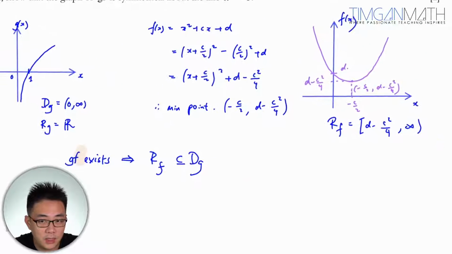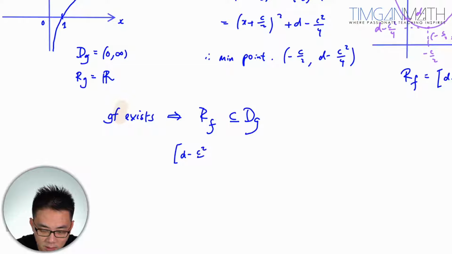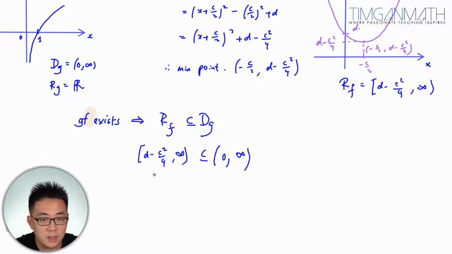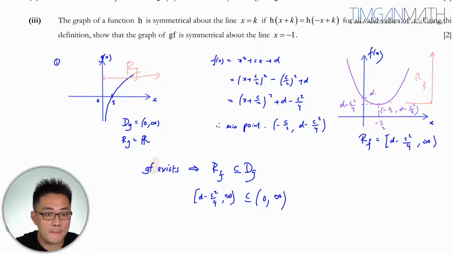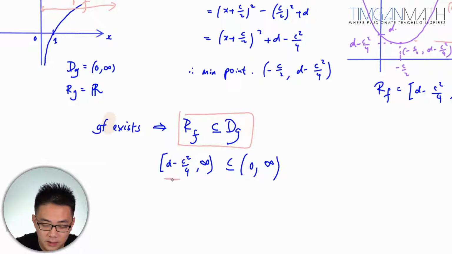So the range of f, which is d minus c squared over 4 to infinity, has to be contained within 0 to infinity, because we are taking the range of f and substituting it inside the domain of g. In order for this to happen, this has to be bigger than 0.